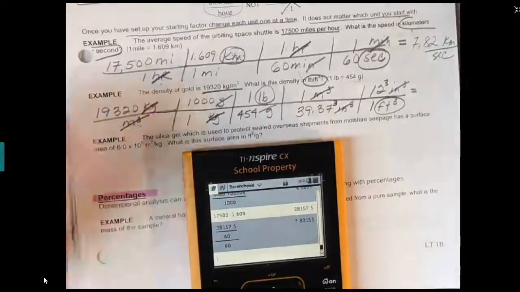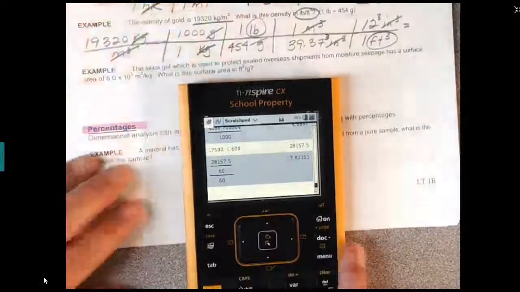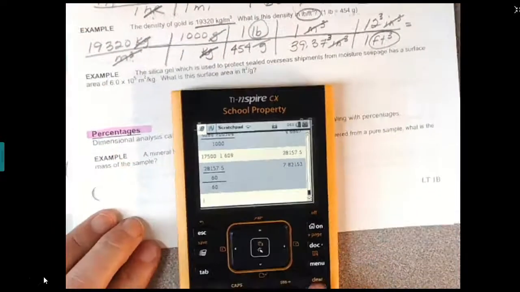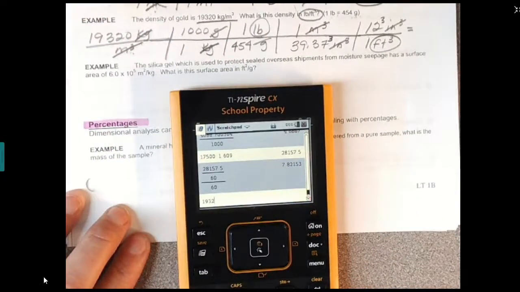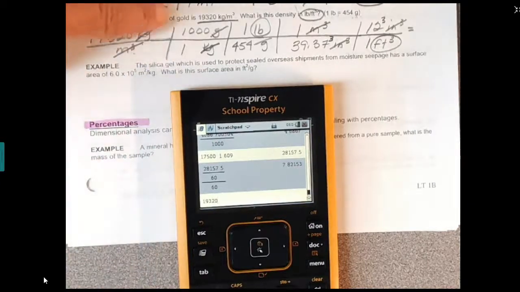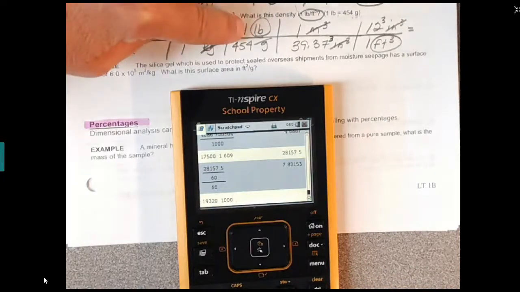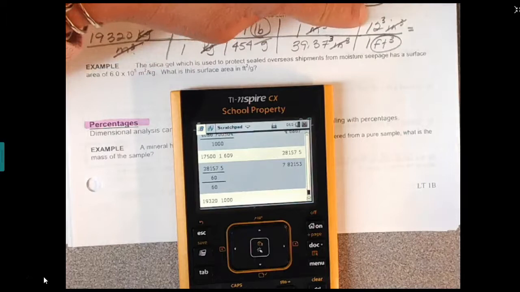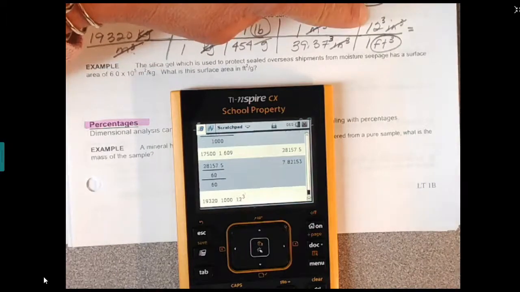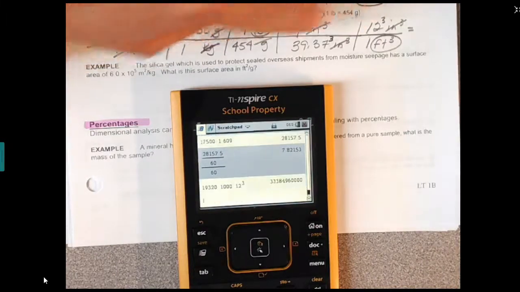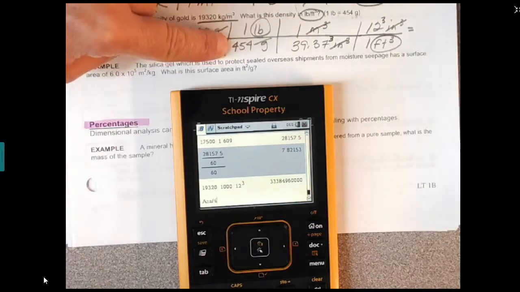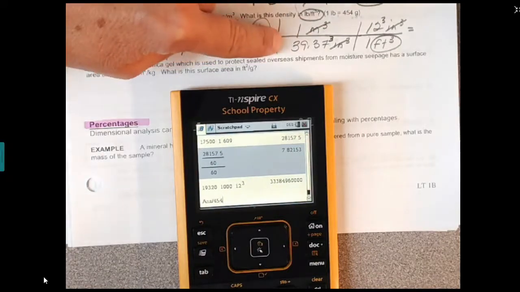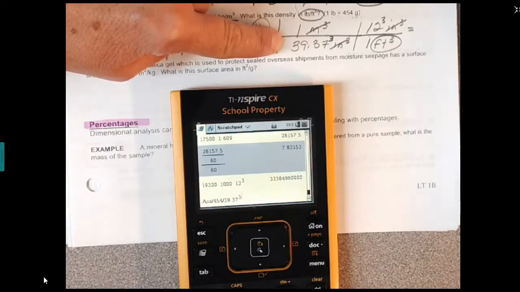Now let's put it in our calculator. So I have 19,320 times 1,000 times 1 times 1 times 12 raised to the 3, 12 cubed. We hit enter. We're going to divide by 454. We're going to divide by 39.37 raised to the 3rd.